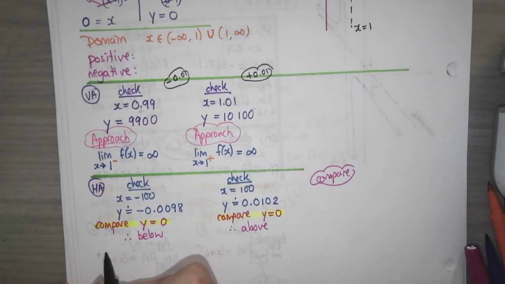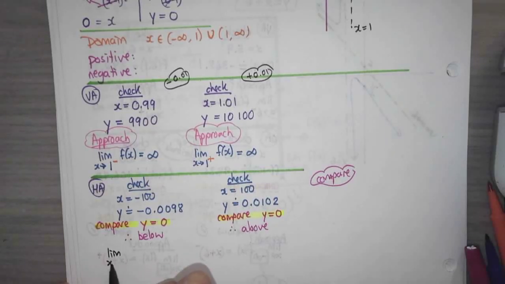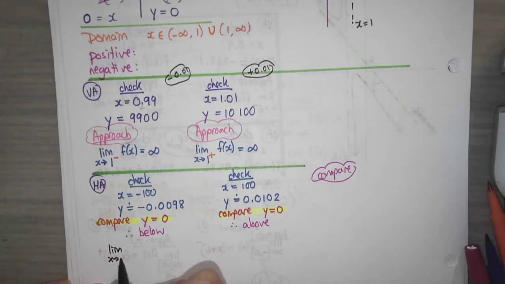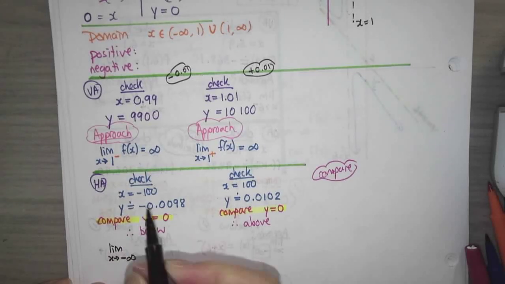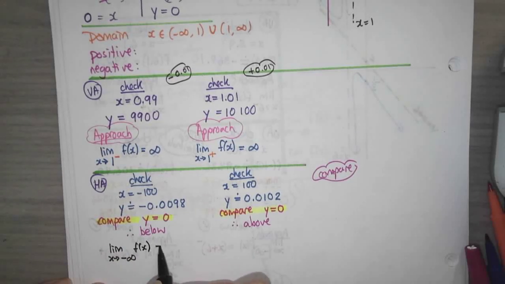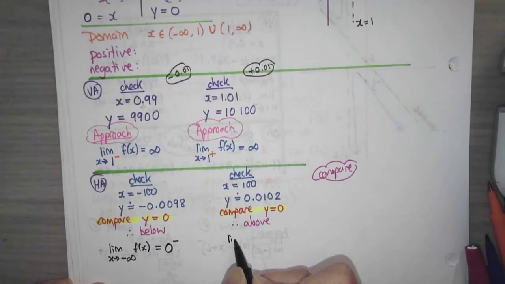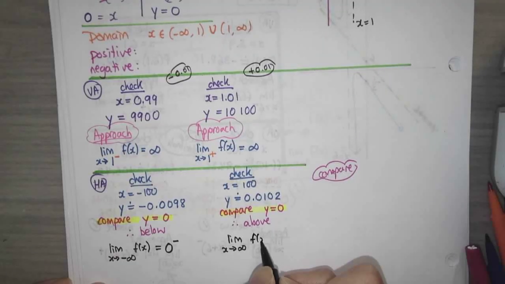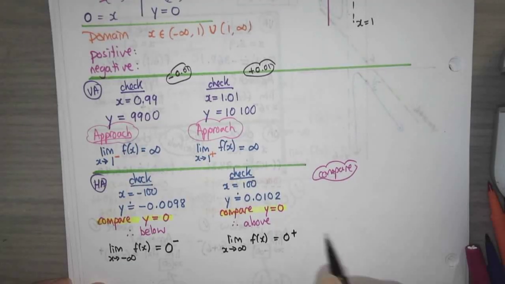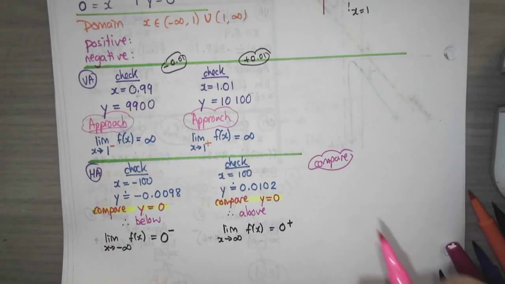So you would say, I'll write this part here, so you're going to say the limit as x approaches negative infinity, it's the negative side of the function, equals 0 from below. And this one, the limit as x approaches infinity of the function is 0 from above.